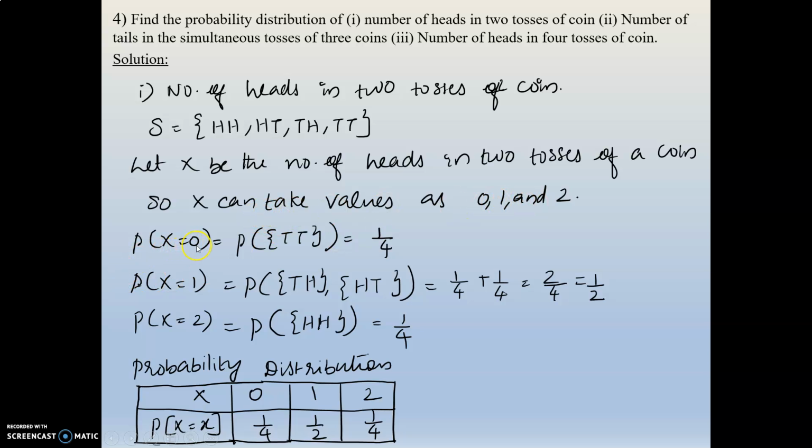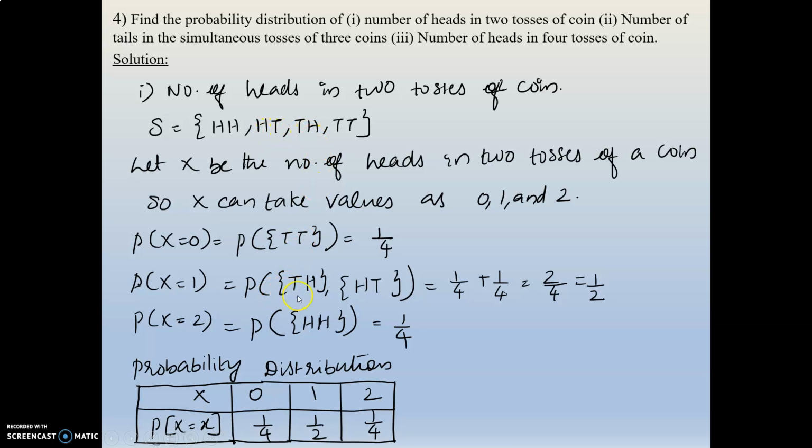Probability of X equal to 0. The number of heads being 0 is the probability of only TT, the set TT, that's equal to 1 upon 4. Only one time you are getting it out of 4 outcomes, so 1 upon 4. Similarly, probability of X equal to 1. One head is obtained in either HT or TH.